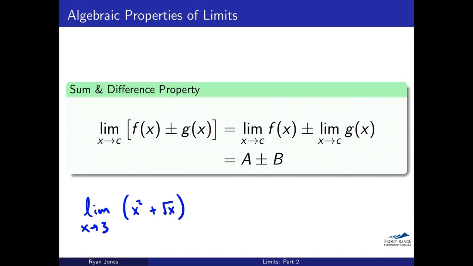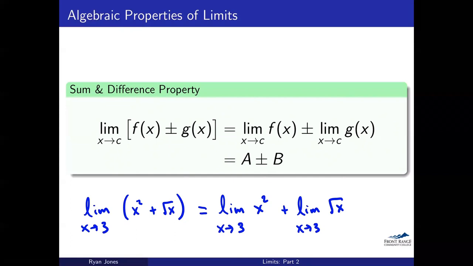What you're allowed to do here is split this limit into two different limits. Again, you probably won't even really think about this as you're doing it, but sometimes it's nice to split these limits up so that you can think about them one at a time without getting overwhelmed by how many limits there are.